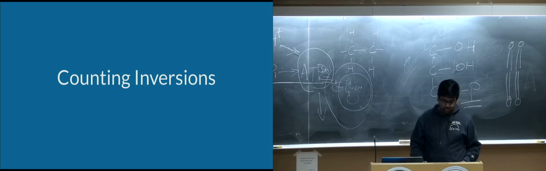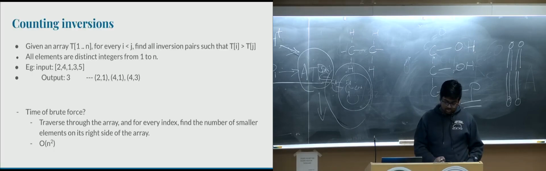The first problem that we are going to solve is counting inversions. You are given an array T, and for every index i less than j, you want to find all such pairs where T of i is greater than T of j.